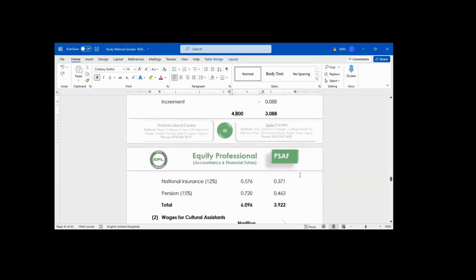That means 12% of 4.8, and 12% of 3.088 for the social officer. For the director, his national insurance will be 0.576, while for the social officer, it is 0.371.